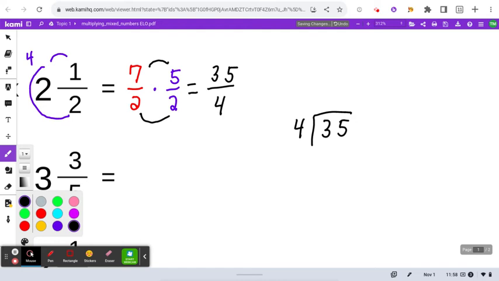I know 4 times 9 is 36. That's too much. I'm going to go 4 times 8. That'll give me 32. Subtracting 35 and 32, that will give me 3. So my final answer will be 8 and 3/4.